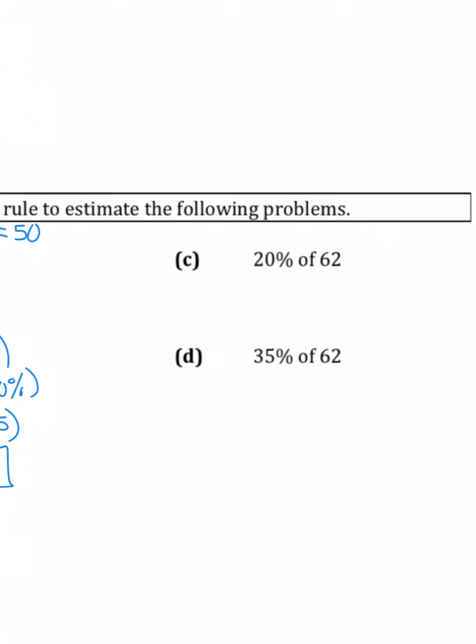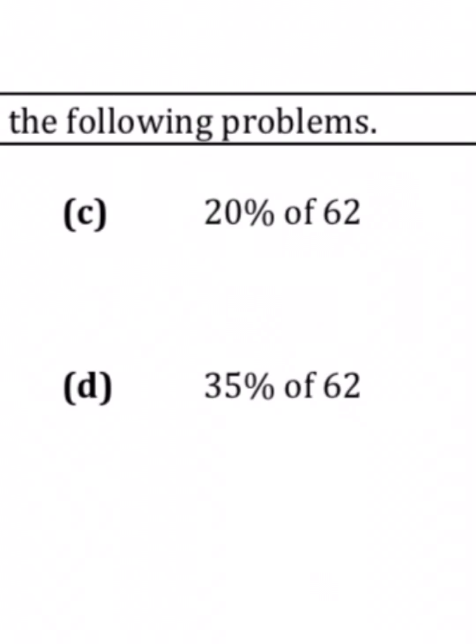Then here's how I can manipulate to get these a little bit larger. So this one is 62. So we'll say that in this case, let's say 62 is approximately 60.